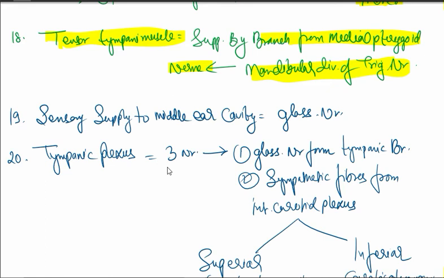So the TT muscle, the tensor tympani muscle, is supplied by a branch from the medial pterygoid nerve, a branch of the mandibular division of the trigeminal nerve. Next one, sensory supply to the middle ear cavity is by the glossopharyngeal nerve, the ninth.